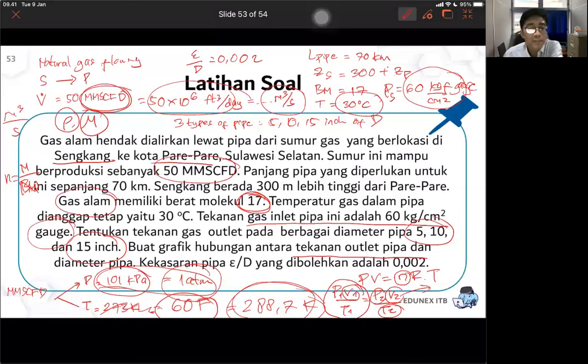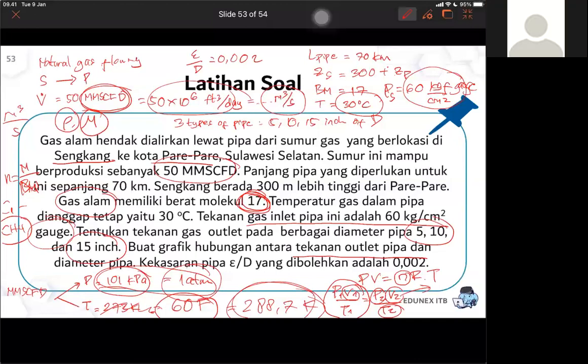Do you know? C something something lah, sir. Yeah, it's basically from C1 until a certain C, right? So if it has a molecular weight of 17, the closest one is the methane gas. Yes, sir. Methane gas is 16, of course, that is close, right? So please find out the viscosity of methane gas at 30 degrees C.